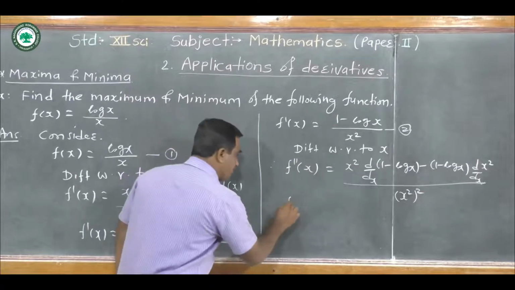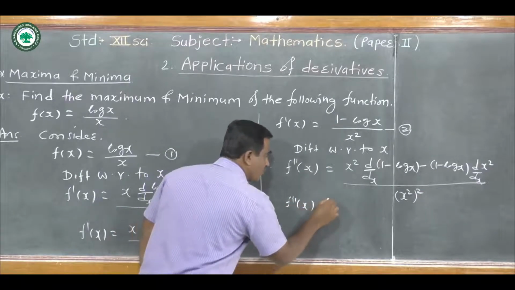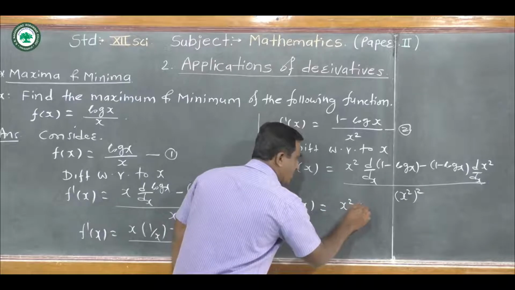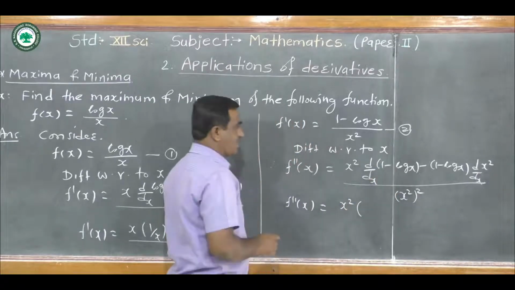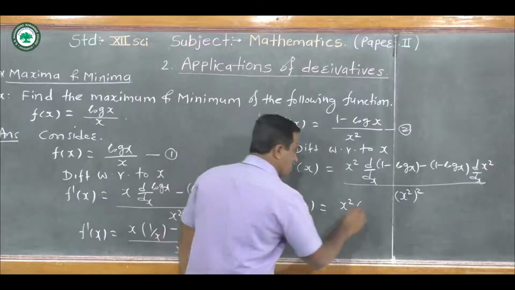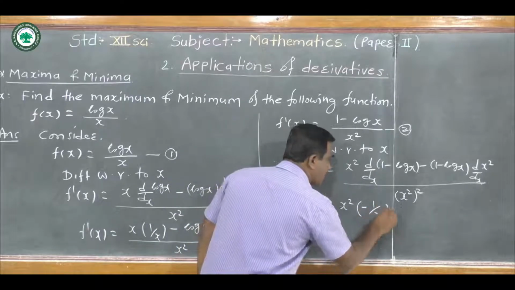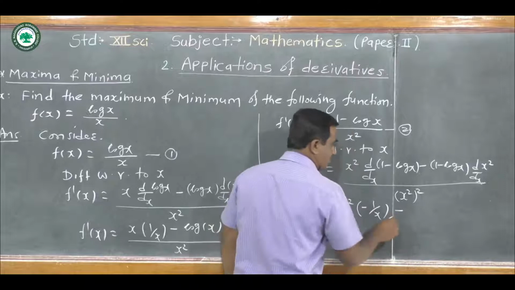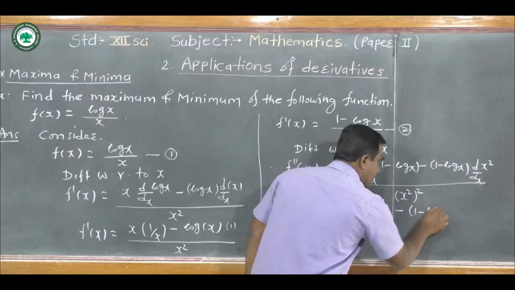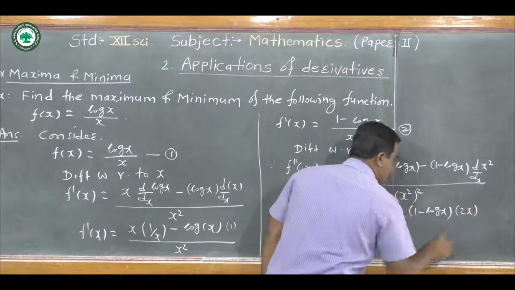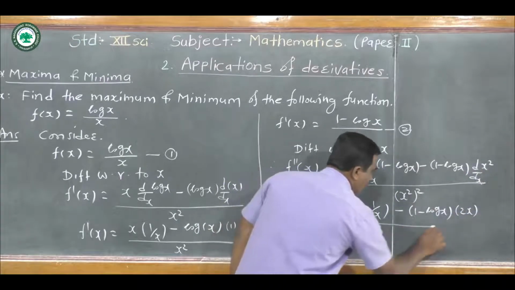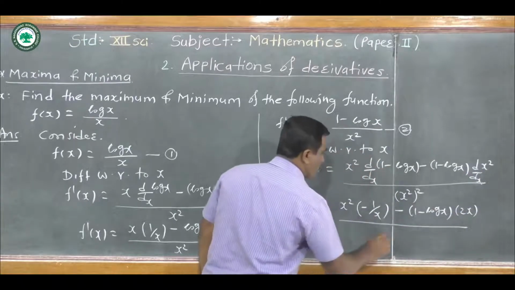That is f double dash of x is equal to x square into derivative of 1 is 0, derivative of log x is minus 1 upon x, minus 1 minus log x as it is into derivative of x square is 2x, upon x raised to 4.